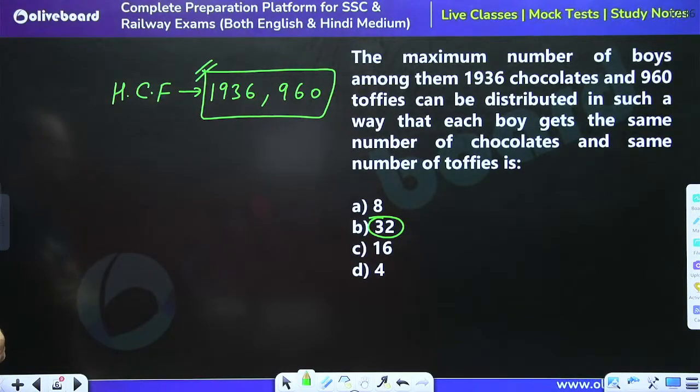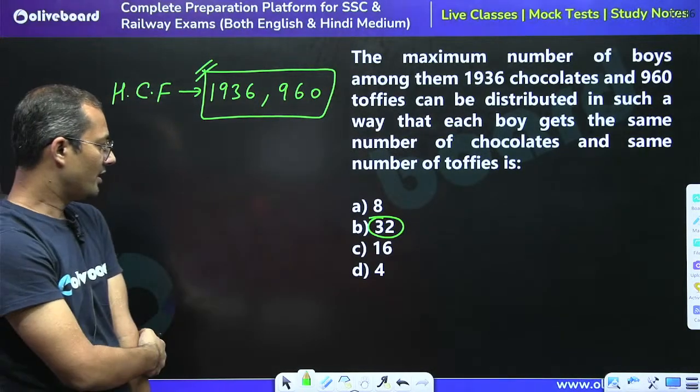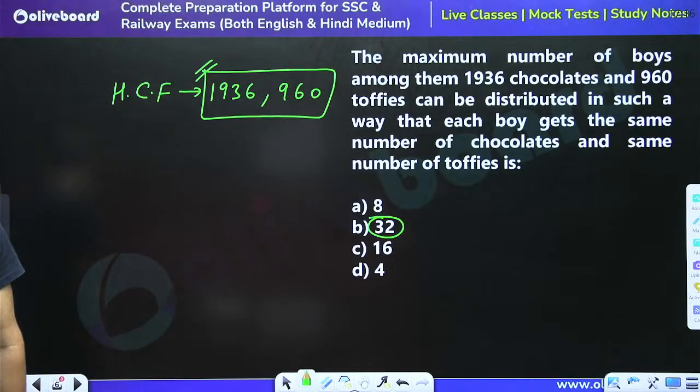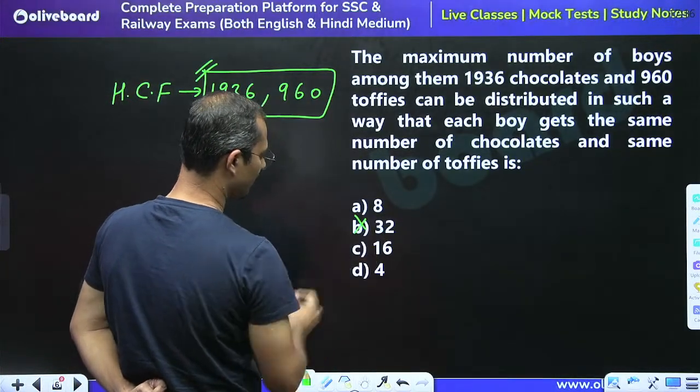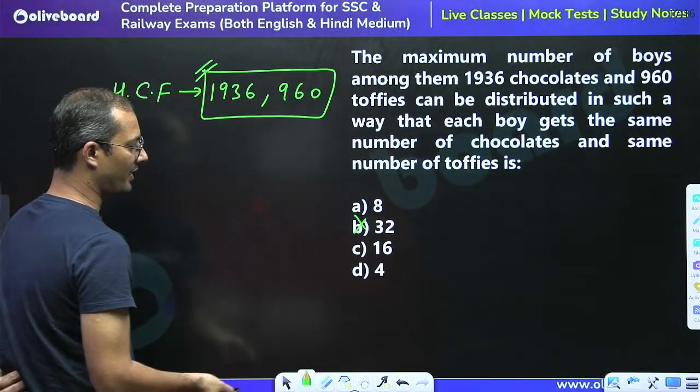See, it is not divisible by 32, so we can say that 32 is not the HCF.